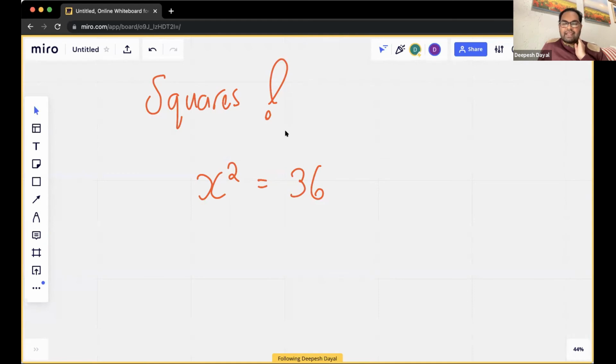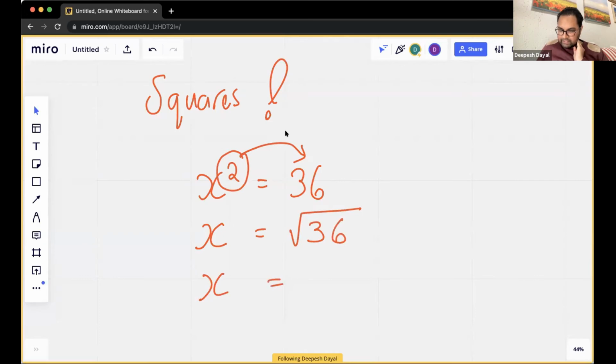Yes, sir. And Sakisi, how did you get 6? I just know that 6 times 6 is 36, and 6 to the power of 2. Yes. So, Sakisi, when we have a square and you take it over, what does it become? It becomes what we call a square root. Have you seen this before? Yes, I have.